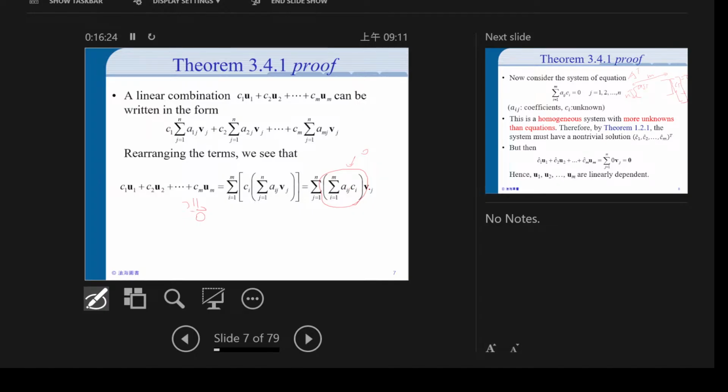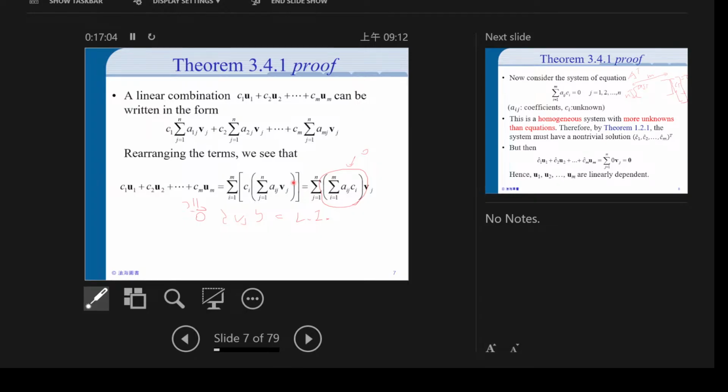So now we have a sum over coefficients of Vj and we want it to be 0. If this thing is 0, then we can use that the Vj's are linearly independent. Because if you have a linear combination of linearly independent vectors equal to 0, then all the coefficients must be 0.